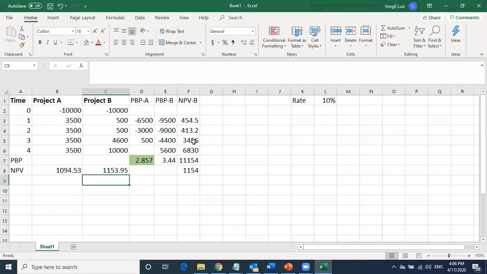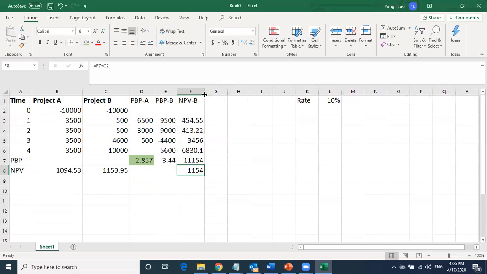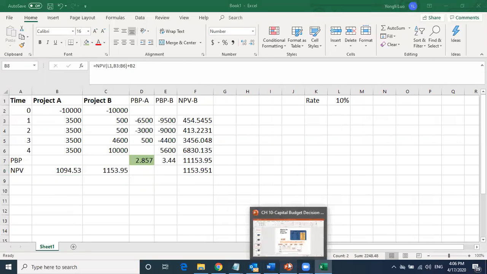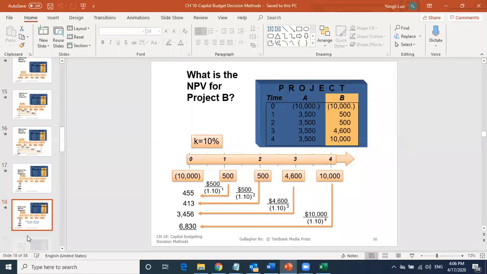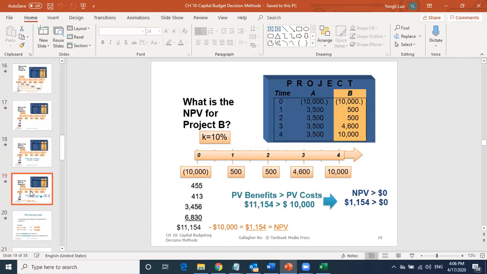So you can see it's close to the one we calculated, right? You're just using different decimals, it's exactly the same. So we can calculate net present value using the function for both project A and B. So what that means, when you get the numbers, is that we're going to make a decision. We calculate net present value.